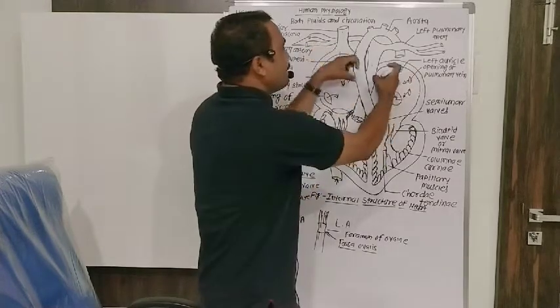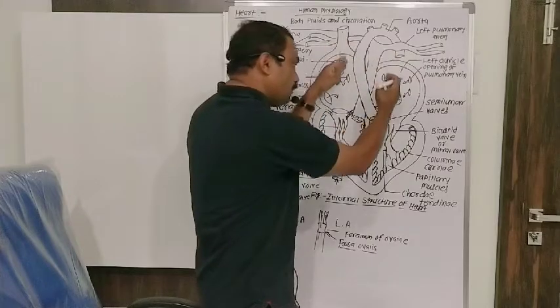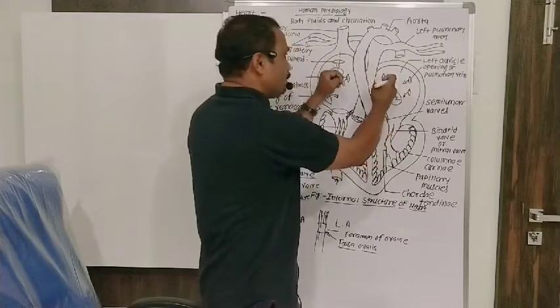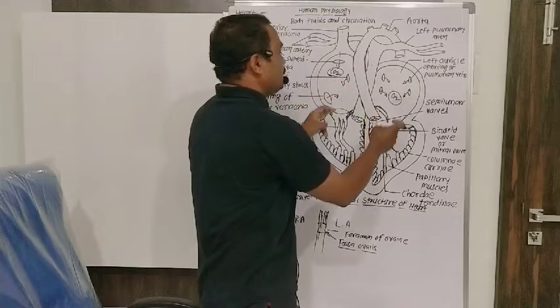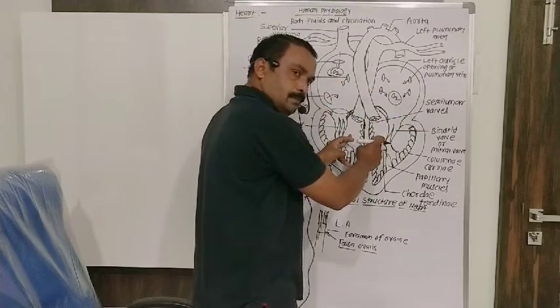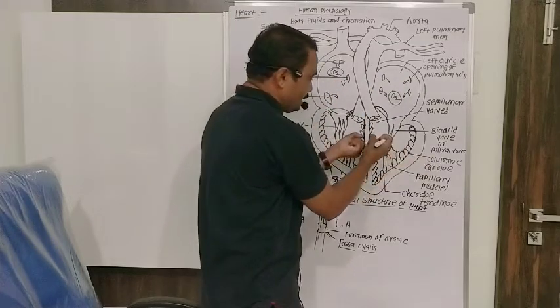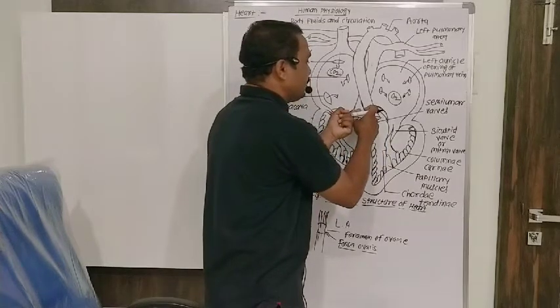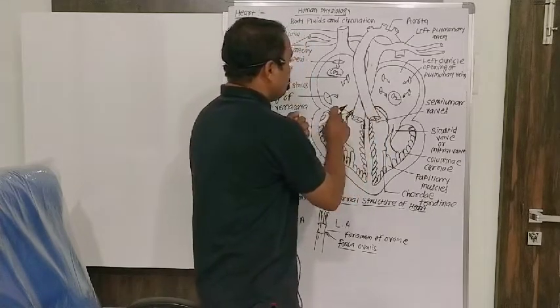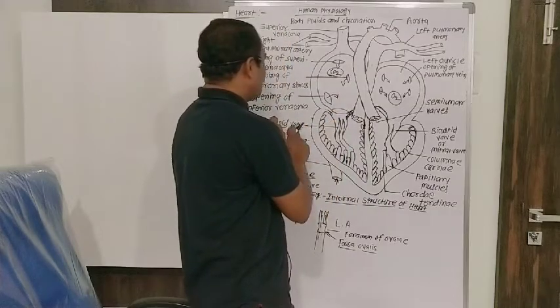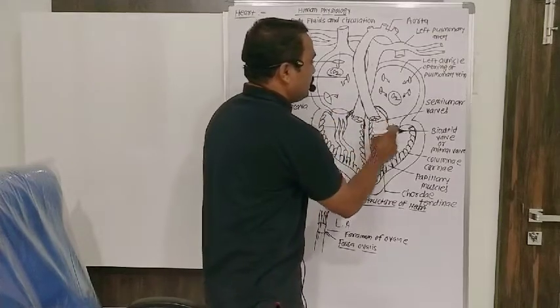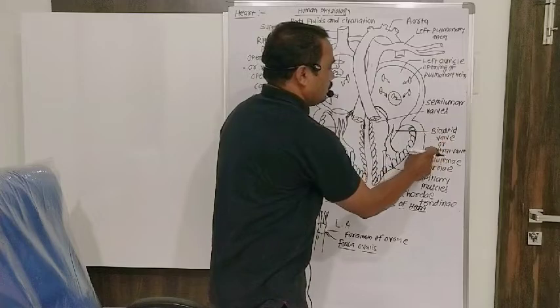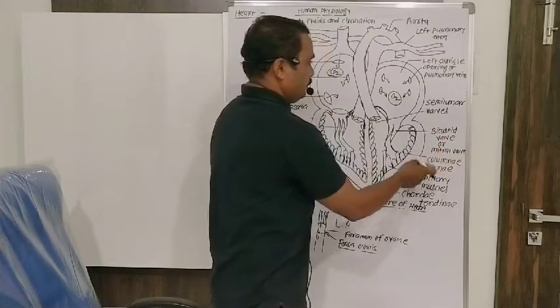When these 2 auricles get contracted, blood from the auricle enters into the ventricle. Whenever the ventricle gets contracted, blood from the ventricle enters into the pulmonary artery and aorta. This opening is guarded here by the tricuspid valve and here by the bicuspid valve, also called the mitral valve.